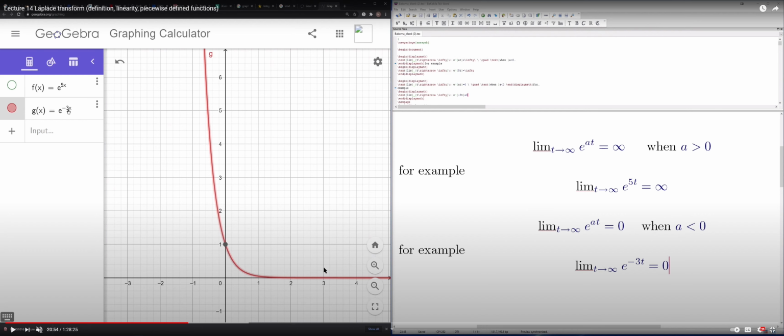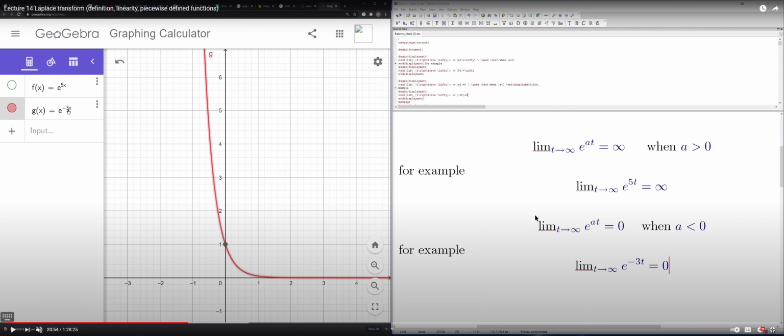So what does that mean in terms of limit? If we take the limit of e to the minus 3t as t goes to infinity, in other words as t is increasing, your function values are heading towards 0. That's where this limit 0 is coming from, and it is because your coefficient over here is negative.